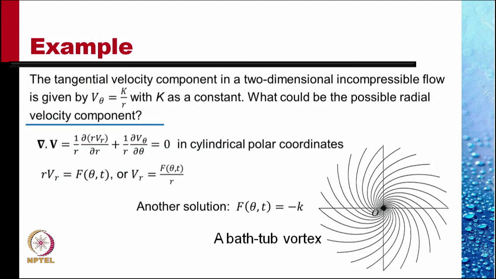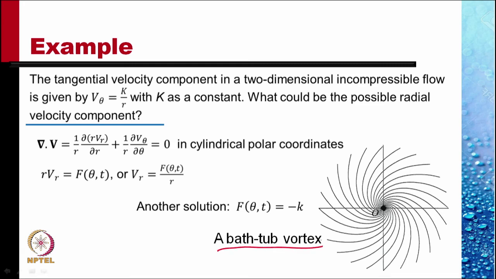Another solution is when f of theta and t, instead of being 0, is a constant, let's say minus k. Then Vr is minus k over r. So there is a radial velocity which also decreases as r increases but is negative, directed inwards toward the origin.